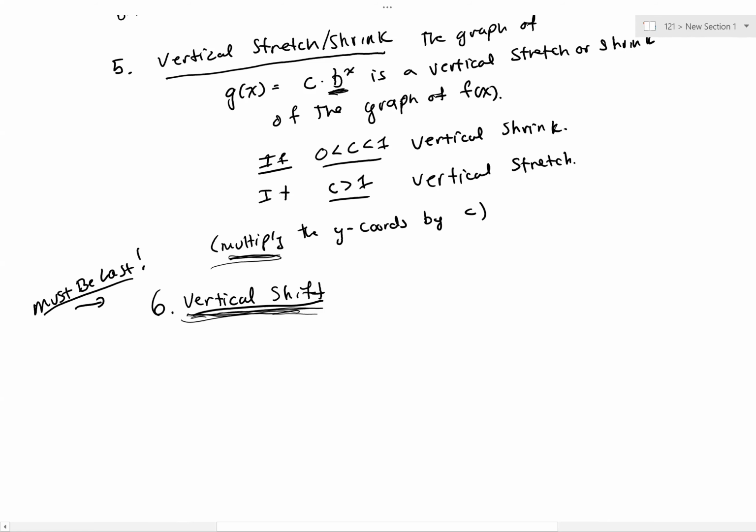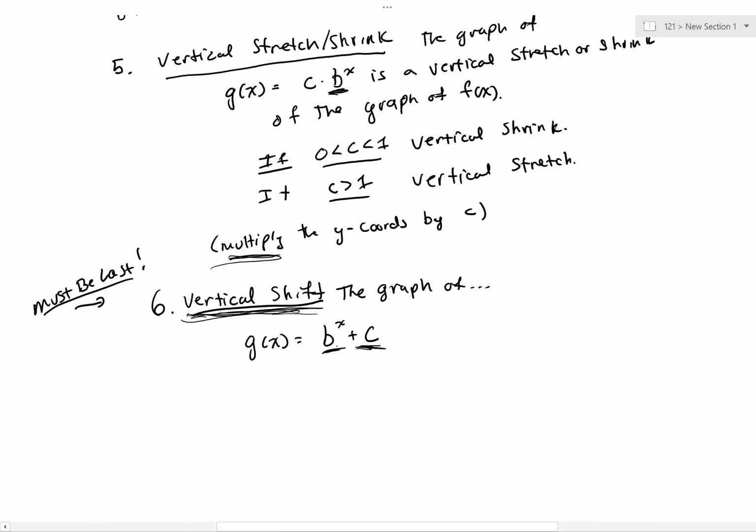So for a vertical shift, that's moving the graph up or down, just adding or subtracting from the y values. So the graph of g of x is equal to b to the x plus c. So here you're literally adding a positive number to the output of the original function.